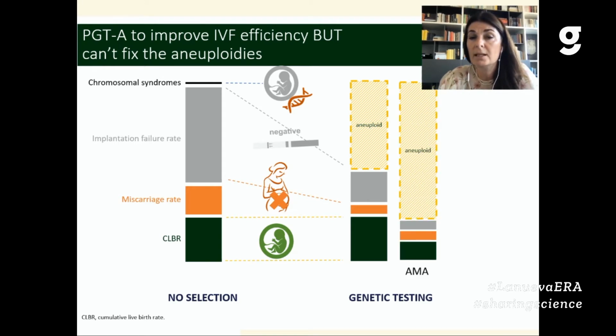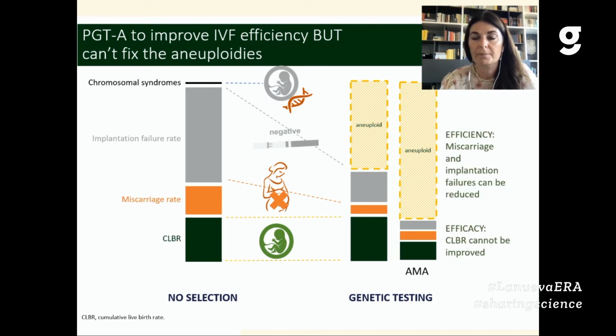And of course, in advanced maternal age, as you know, the rate of useful blastocysts, the ones that are going to give rise to a baby, is much lower as compared to the general population. So we're not fixing, we're testing. Removing abnormal embryos, increasing safety, but not introducing useful embryos that could increase the pregnancy rate.